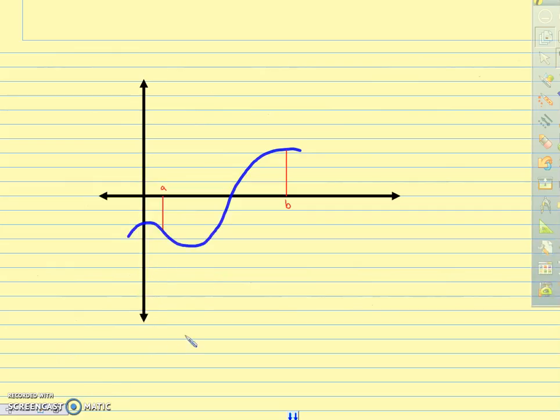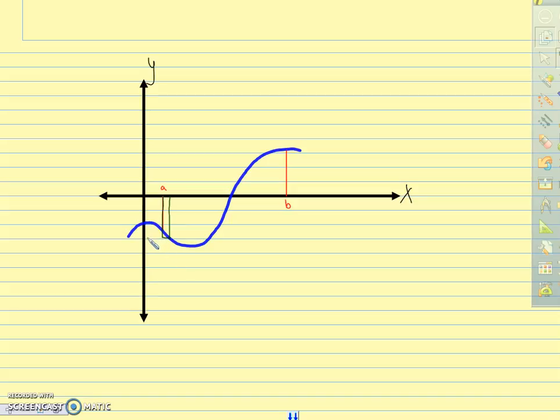Okay. So pretty much what I'm saying is, let's say I start creating rectangles, so let's take this function for example. Okay, and from a to b, notice that this first region is underneath the curve of f of x, or x. So let's say I start drawing rectangles.